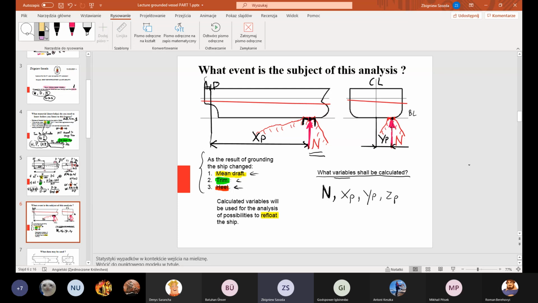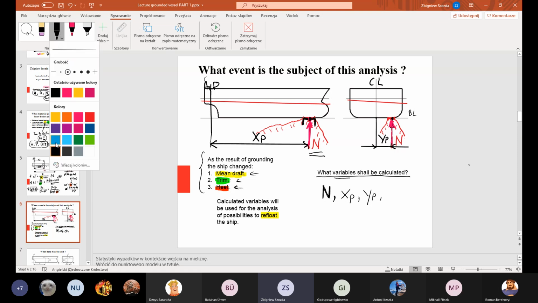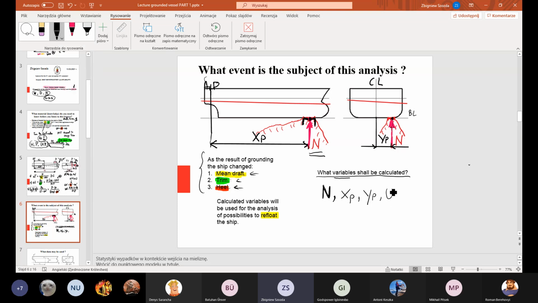So what will I do? I will delete ZP and put here 0. 0, it is the distance between the point of action and baseline. It means the point of action is assumed to be on the baseline. Not necessarily it is true, not necessarily.